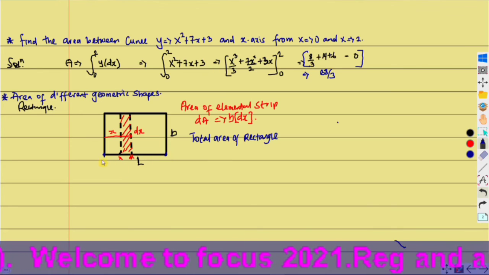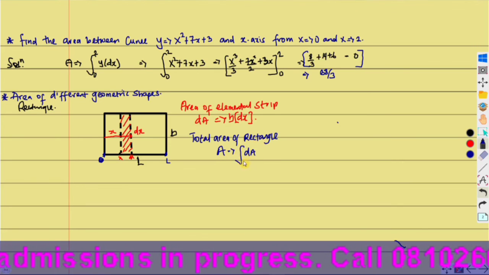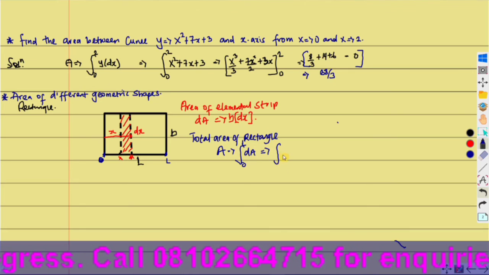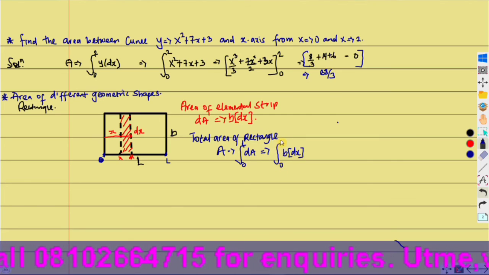So I'm taking it from the point of, let's say, 0, which is at rest, to the total distance from here to here, which we call L. It is just for me to classify everything. The former one was just from here to here. Now it will be integration. Area will now be the integration of the area I have here, taking the limit from 0 to L. And here, we've already written this: it will be the integration of b dx, taking the limit from 0 to L.